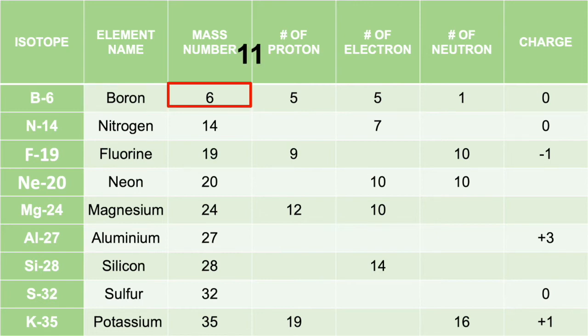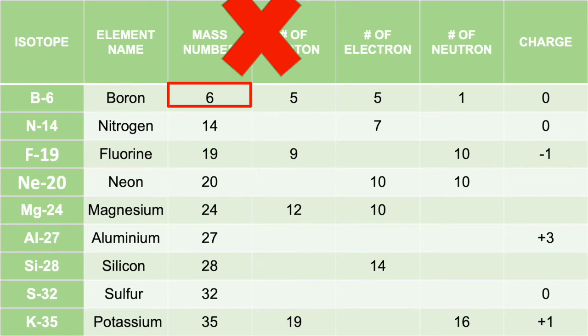So, does it mean that our data is wrong? Shouldn't 11 be written as the mass number of boron and not 6? Now, it really doesn't work that way because mass number depends on the number of protons and neutrons in the nucleus of the atom.